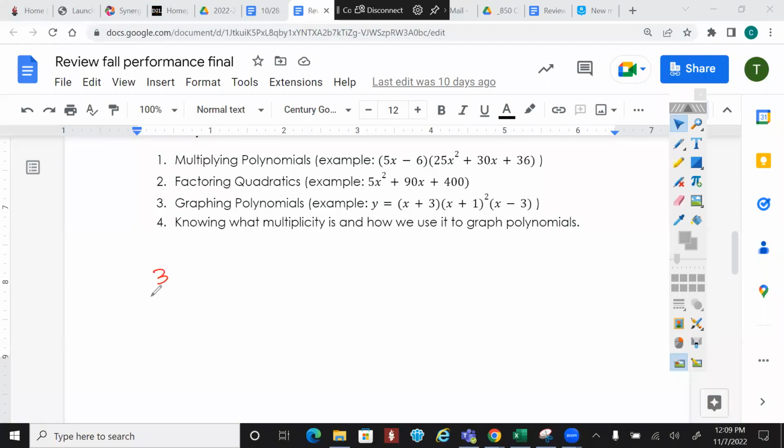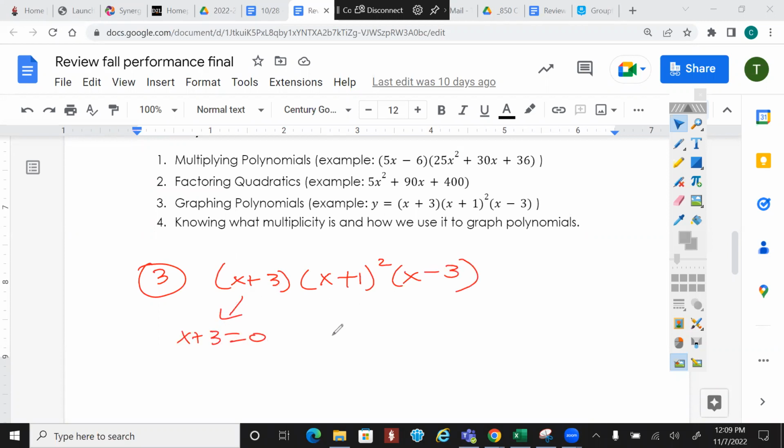On number 3, it says graphing these polynomials. What you're going to do is take each one of these, set it equal to 0, and solve. What you're really going to end up doing is just switching the sign.